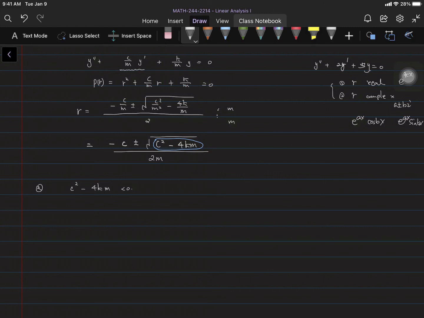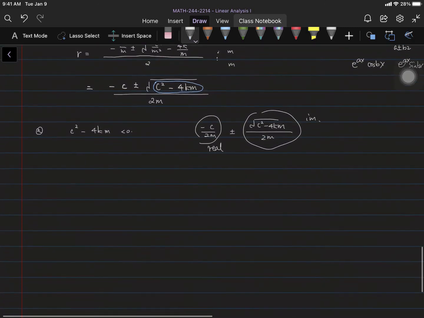I'm going to write down here negative c over 2m plus minus, and I'm going to separate them. This gives us the complex part, the imaginary part, and this is the real part.